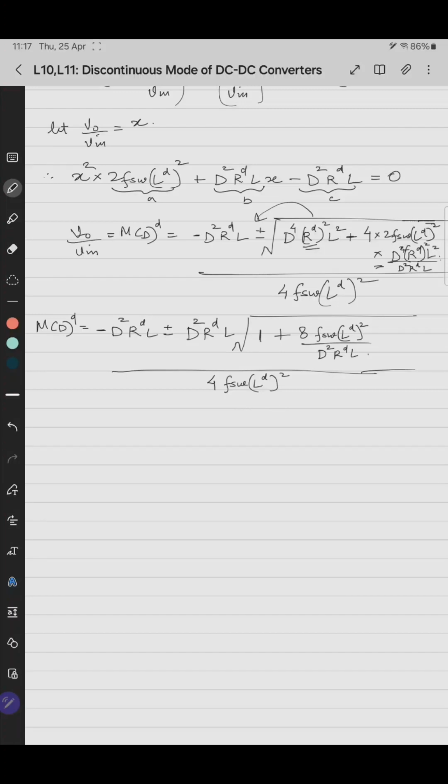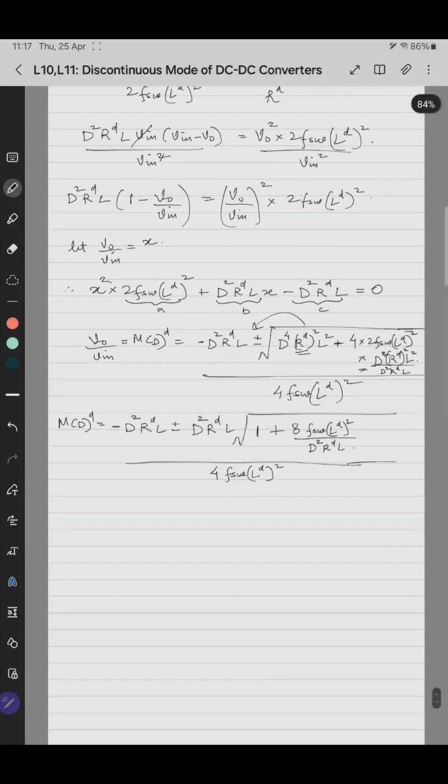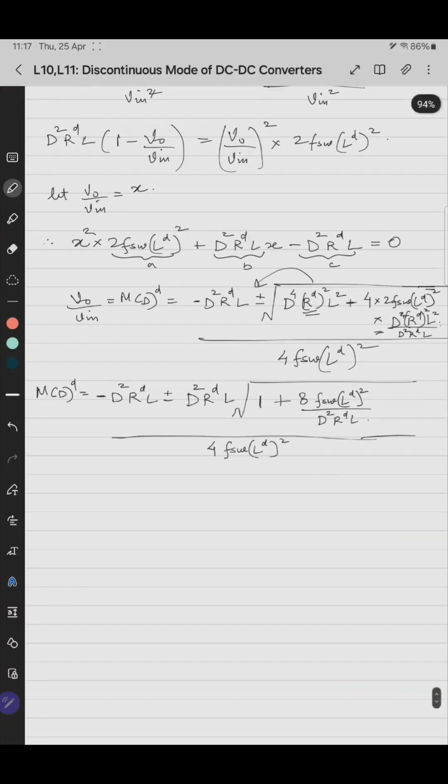So this is the expression of the gain for a buck converter in DCM mode in terms of the known system parameters and also in terms of the parameters for CCM, that is L and LD and RD.